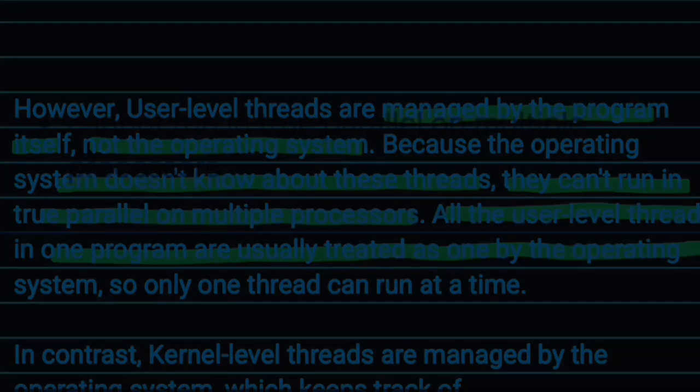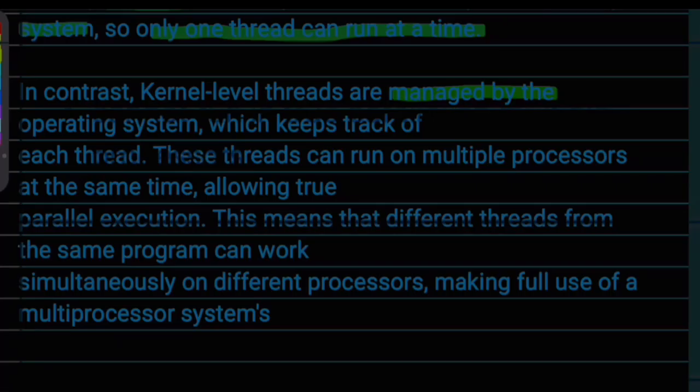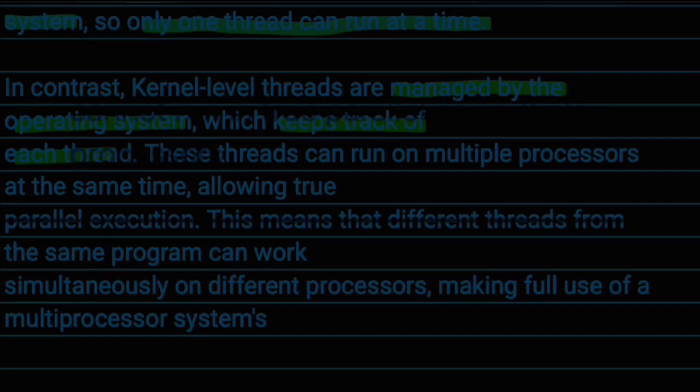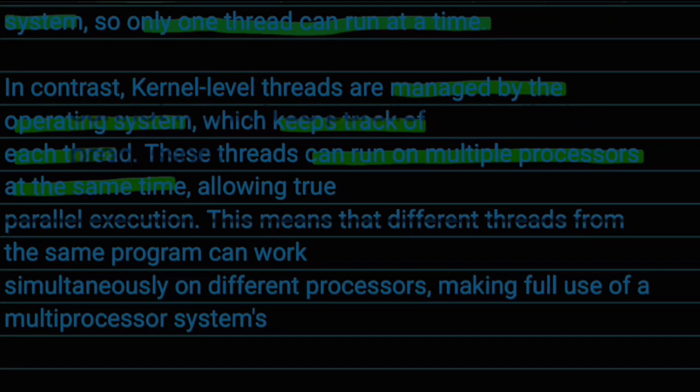So, only one thread can run at a time. In contrast, kernel-level threads are managed by the operating system, which keeps track of each thread. These threads can run on multiple processors at the same time, allowing true parallel execution.